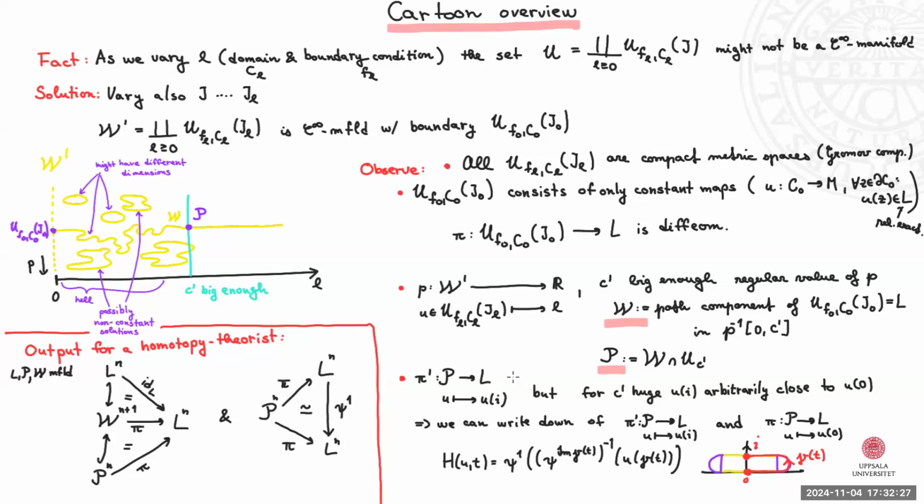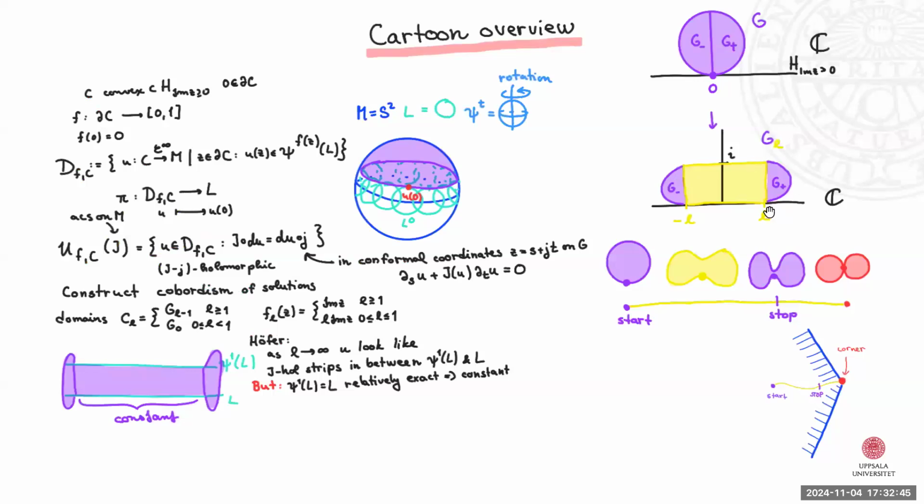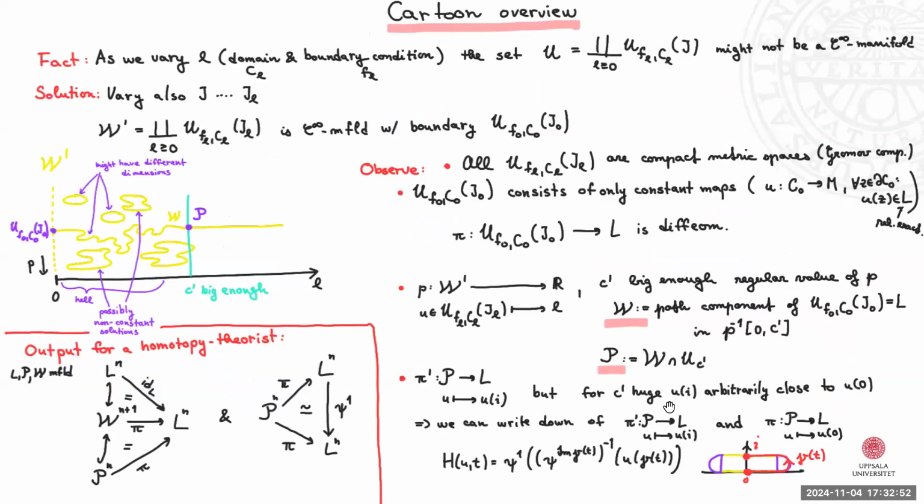Okay, so there is a different projection, and you can project not only on 0, but also on I. And Hofer showed that if C is huge, this U I is arbitrarily close to U0. What it actually means is that the middle part of your disk is a constant map. And there you also need a relative exactness of your Lagrangian.